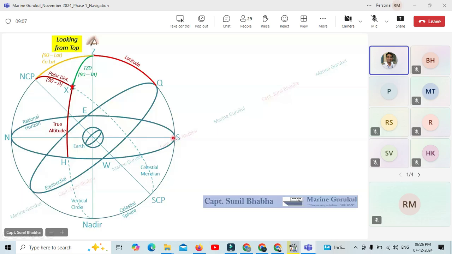So for this, we visualize as if we are looking at the celestial sphere from top of the zenith. Right now, we are looking at the celestial sphere somewhere from this west point, somewhere from this angle.